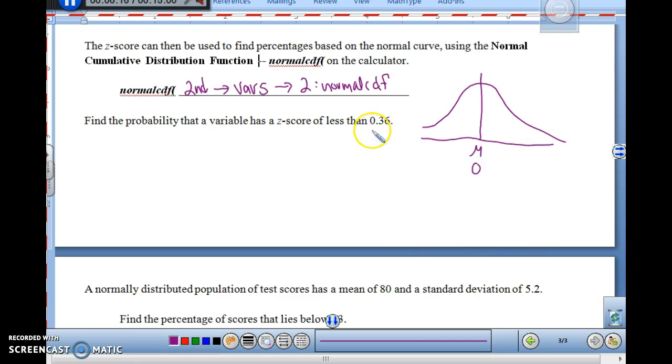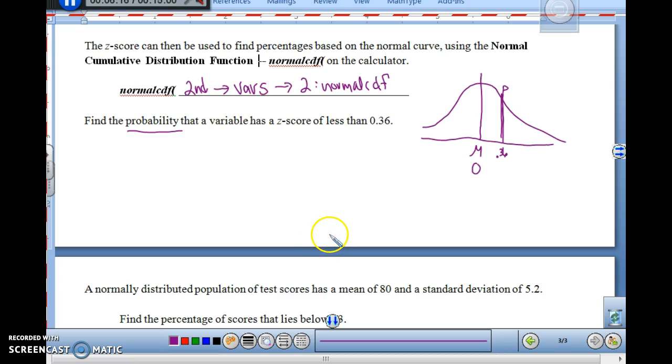If my z-score is 0.36, which is positive, it is 0.36 away from the mean, which would be right here.